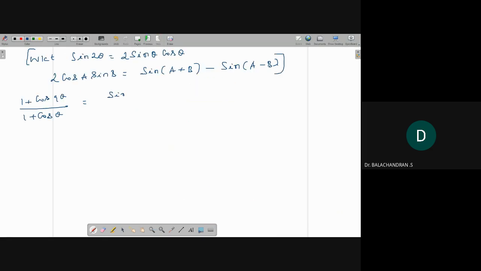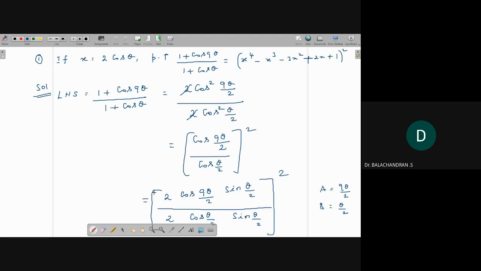Sine 5 theta minus sine of A minus B. A minus B is 8 theta by 2, which is 4 theta.